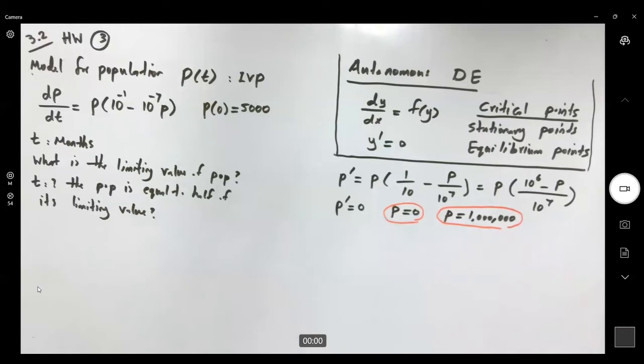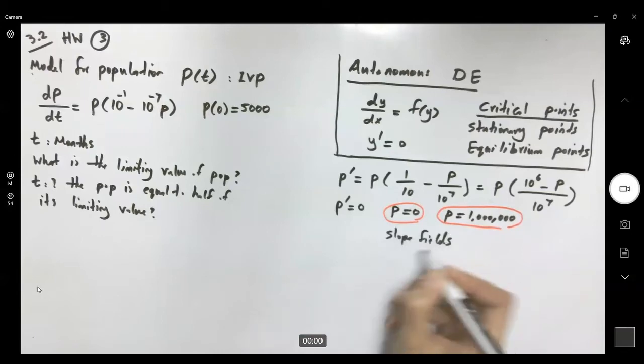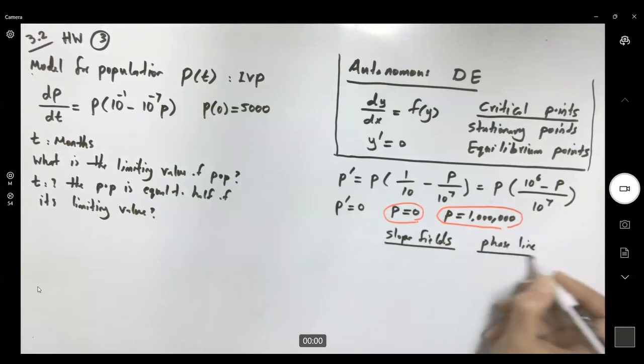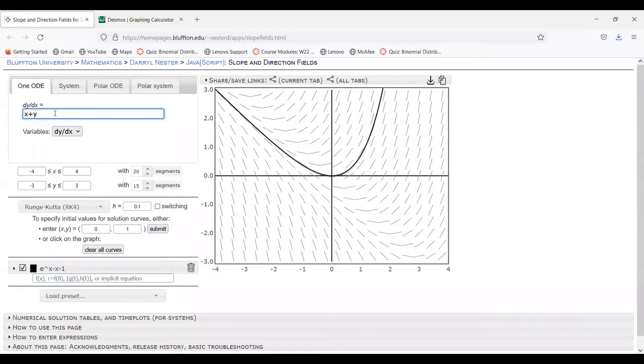Now let us take a look at our slope fields or analyze the phase line. Where does the limit take us? Since our applet is written in x and y, let us make the necessary adjustments.